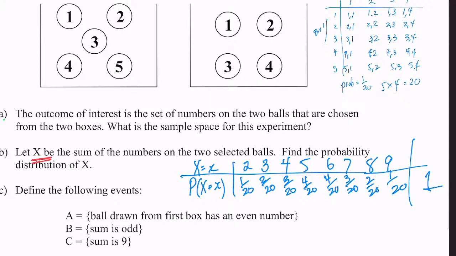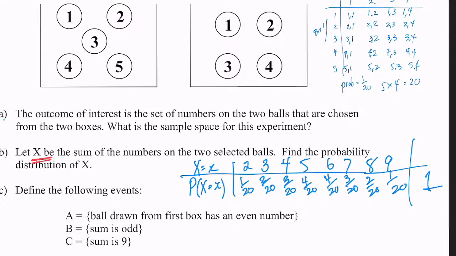Okay, so part C. Part C defines events now. So it's going to combine certain outcomes. It's going to force you to use the distribution X, combining certain outcomes, okay?